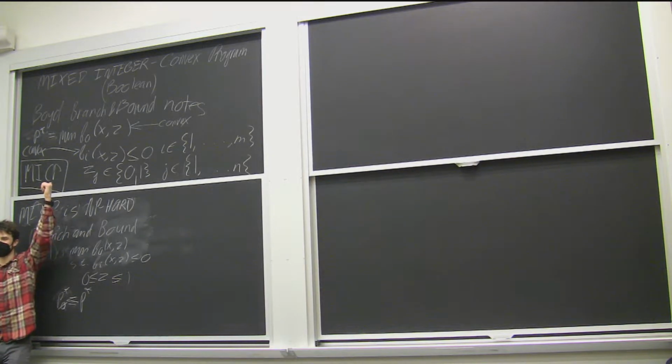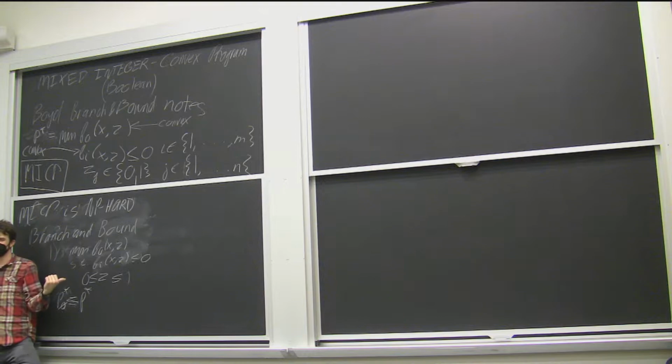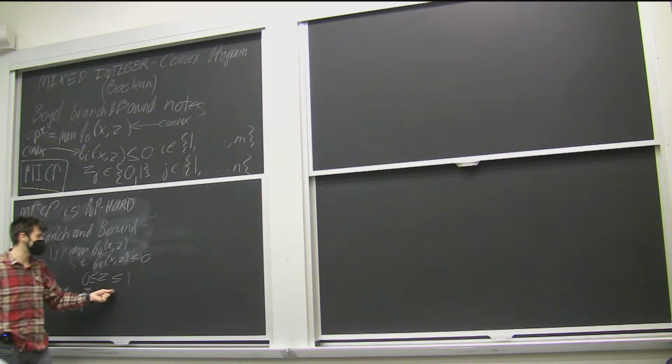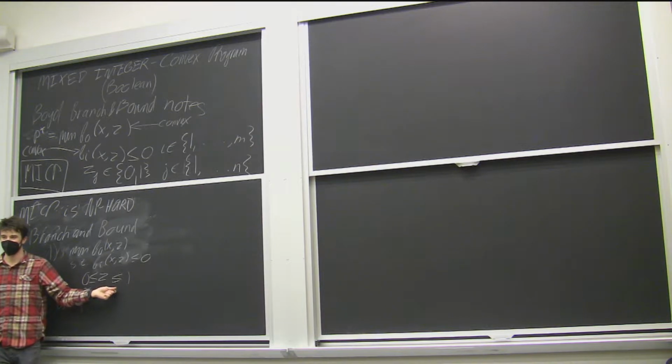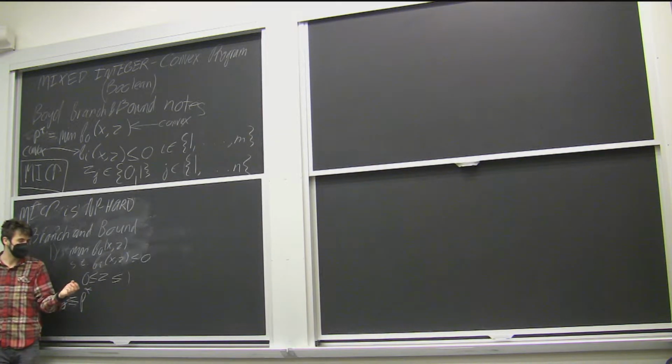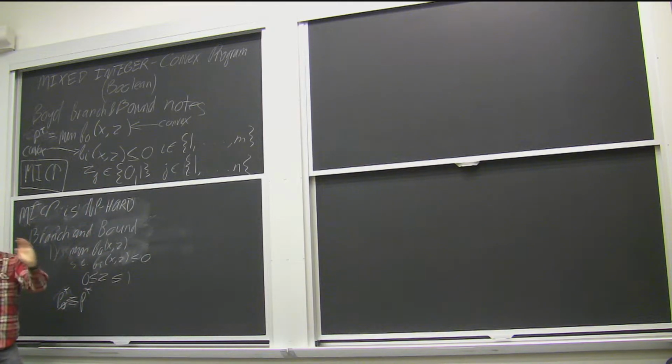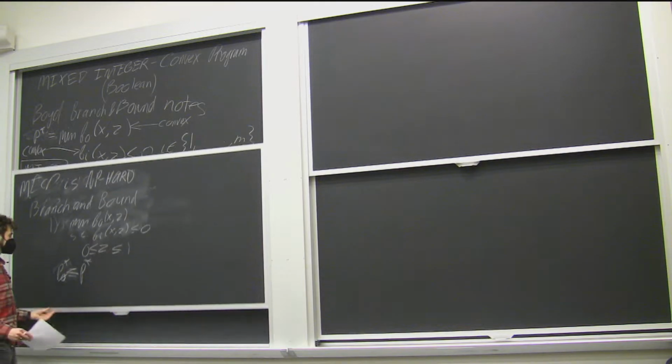Is the original MICP going to be feasible or infeasible if this is infeasible? The answer from someone in the back is yes, it's infeasible. If this relaxation is infeasible, then the original one obviously is also infeasible, because this set contains that set. So I'm just going to assume that we have a feasible solution.